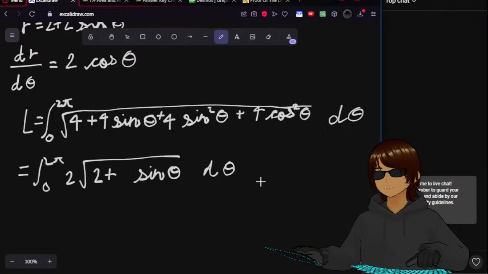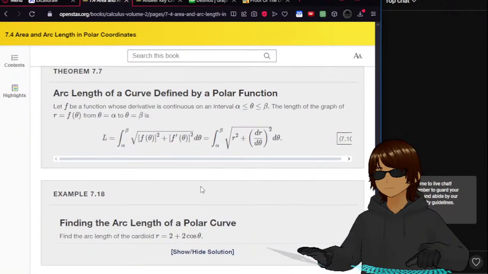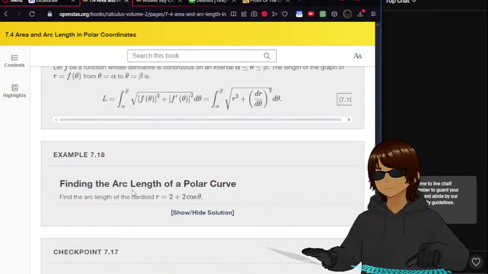And I'm stuck here. Oh, it's cos theta, not sine theta.